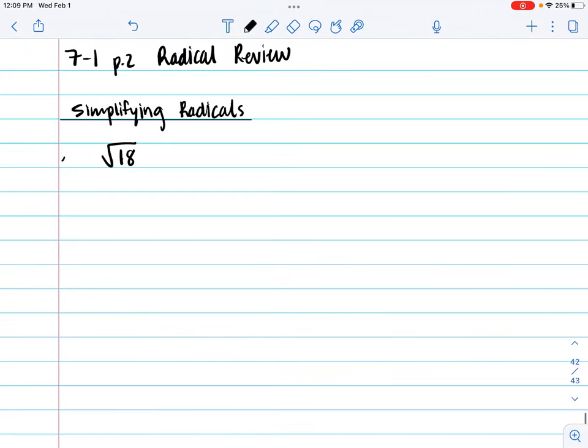Simplifying radicals. Okay. If we ever needed to simplify a radical, for instance, the square root of 18, this could be simplified a number of different ways. For instance, so let's call this example 1. For simplifying radicals, we could do this method, let's call this method 1.